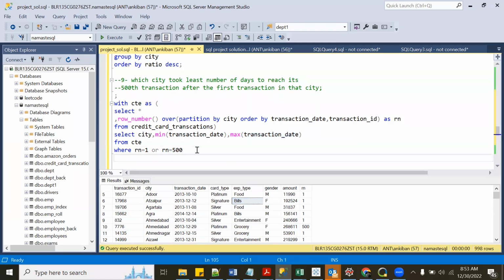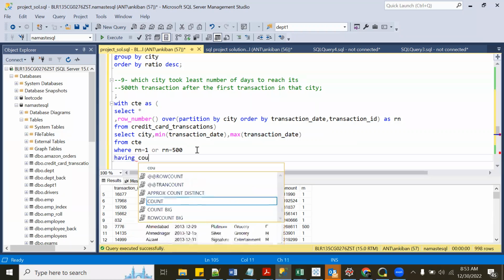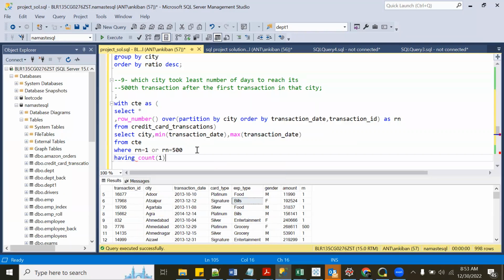There are multiple ways of doing it. I can put having count of 1 should be 2, so for that city I should have two rows.